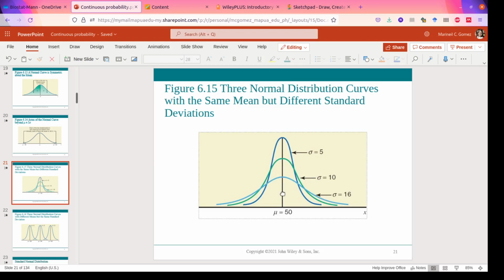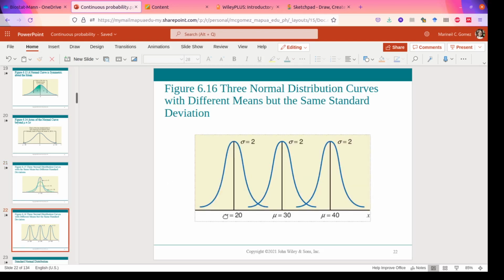Again, the sigma tells you the average difference between two consecutive values in your distribution. So a low sigma gives you a tall, really sharp curve, and then it flattens when you have large sigma values.